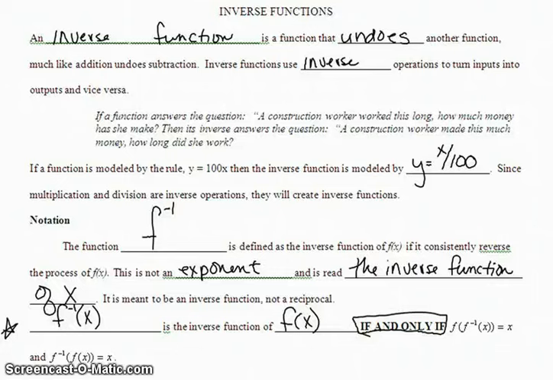Use the inverse of f of x and see if that is also x. That sounds really confusing, I know. Lots of words in there, but when we put it into practice, not so bad.